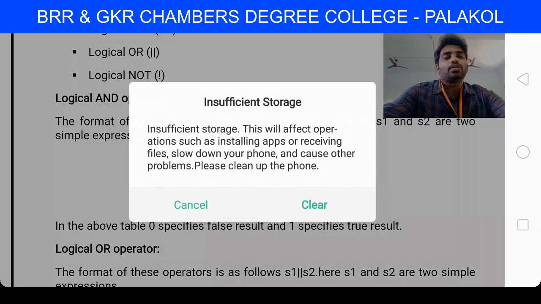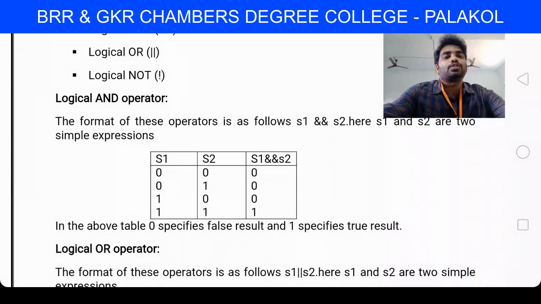If S1 is 0 and S2 is 0, the output is 0. S1 is 0 means negative, S2 is 1 means positive. When both conditions are true, the output displays the value 1.